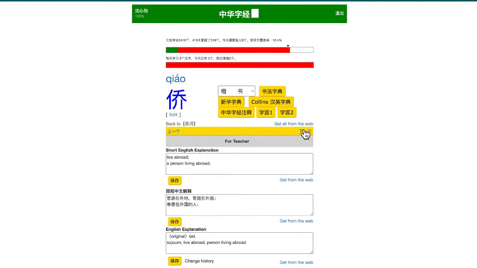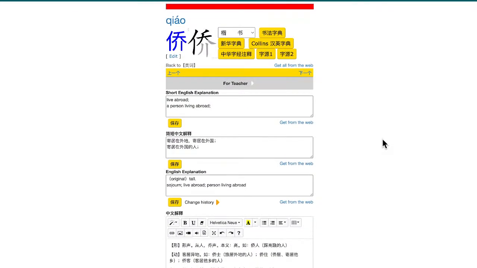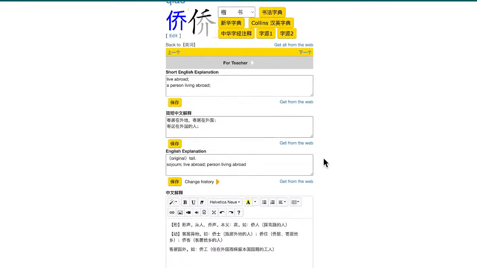And next one, 桥. Now 桥 means live abroad, okay. So that's a verb, but used as a noun, that means a person living abroad, okay. 侨居, 或华侨, 侨居, 华侨.